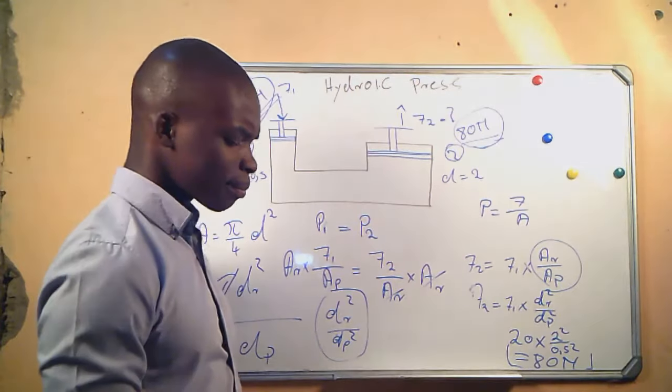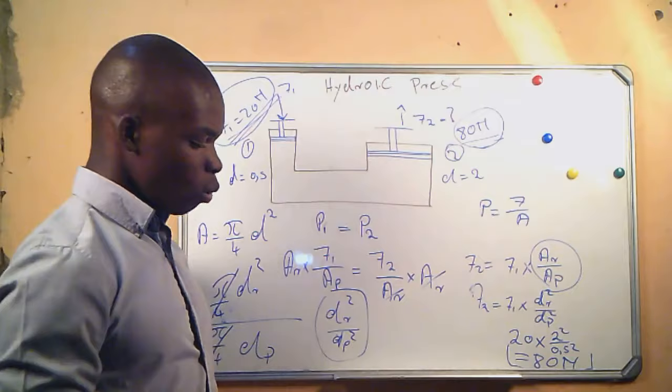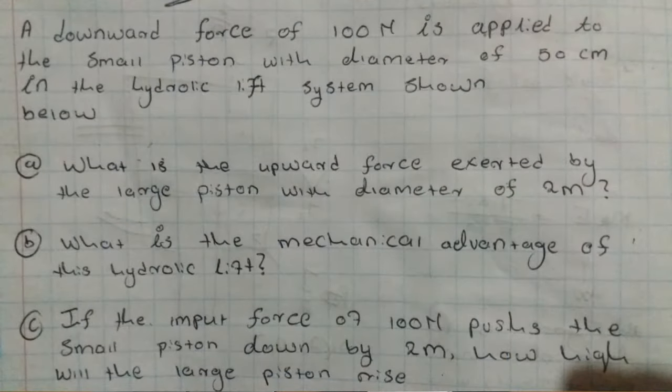So from here we can do an exercise. I have an exercise with me which reads as follows. A downward force of 100 newtons is applied to the small piston with a diameter of 50 centimeters in a hydraulic lift system shown below. And then they gave us the questions.